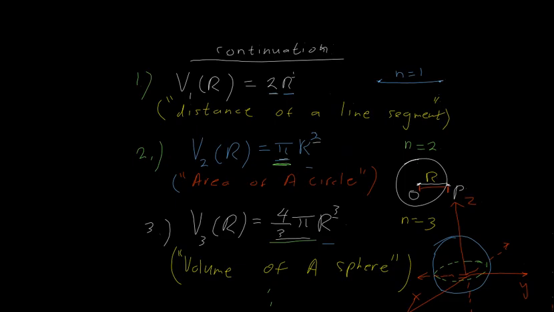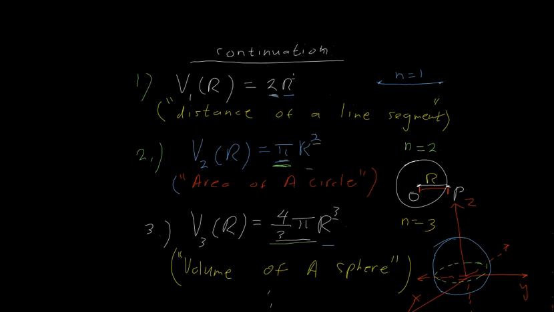So we can say that V_n of R is equal to K subscript n minus 1 times R to the n. I hope that is sinking in. It shouldn't be anything that complicated so far. If I have a general pattern of V_n of R, there has to be some constant K in front of the R, because you see here, 2 is a constant in front of R, and it's pi, and it's 4/3 pi, where K is an arbitrary constant.